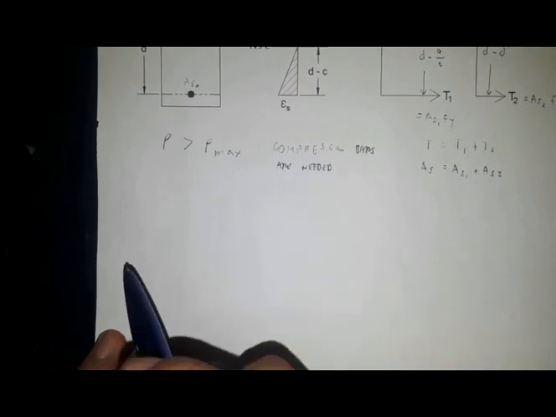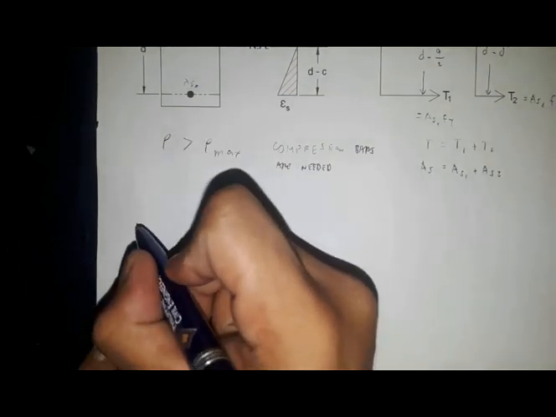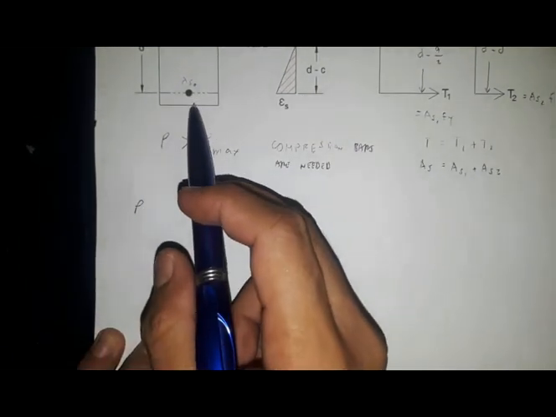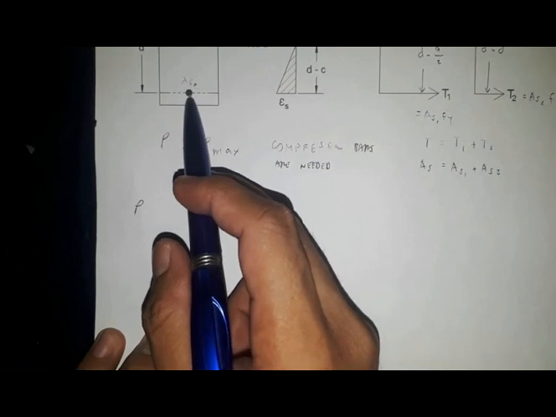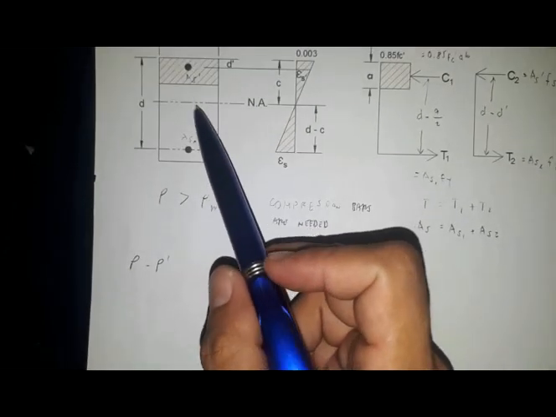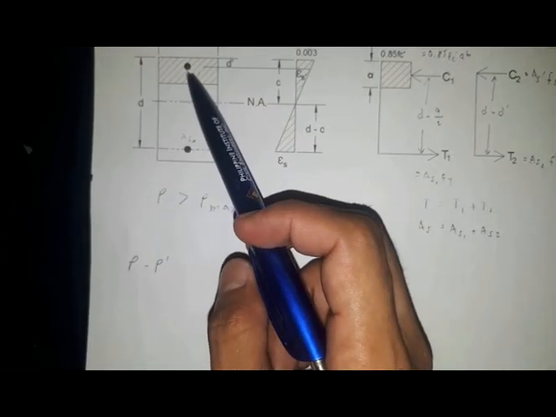So, first, if your raw, so yung raw, yung steel ratio nito nung tension steel minus raw prime. So, raw prime is the steel ratio ng compression steel.